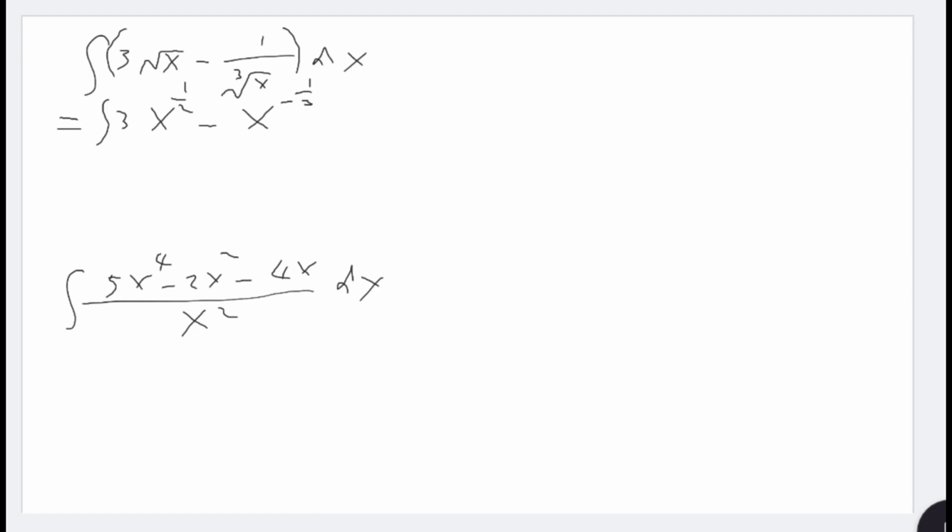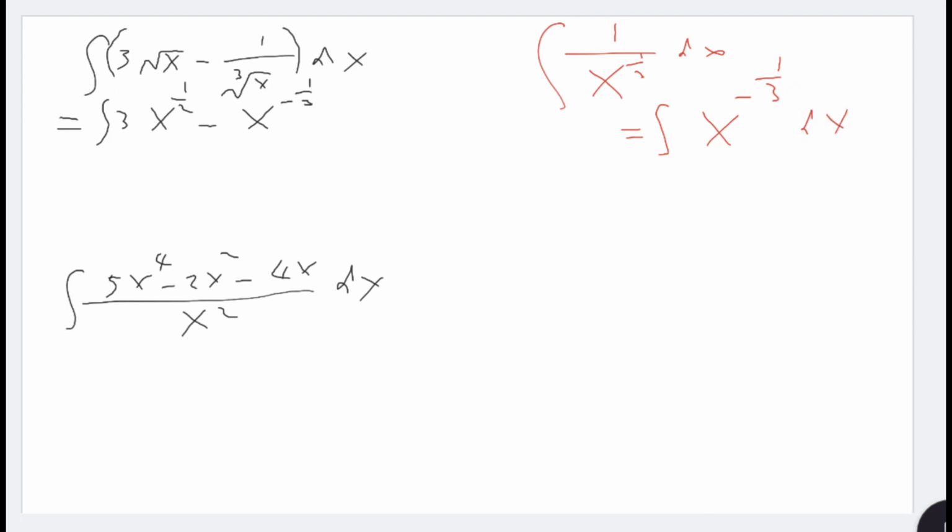So let me show you. See, if you do have 1/3 power in the denominator, you cannot integrate that directly. There's no formula. You must turn that into a power in the numerator to be able to apply the power formula.